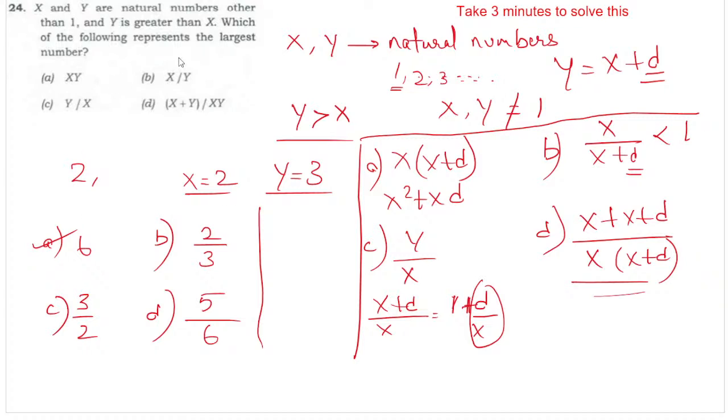So directly, take numbers and ensure that the numbers you take meet the conditions they have given: they are natural numbers, they are not equal to 1, and y is greater than x. Then substitute and you will find out the correct answer. If the screen is not clear, please increase the resolution in the settings on your laptop or phone.